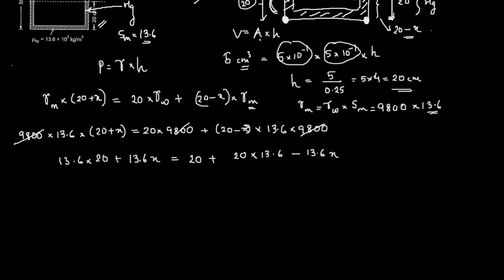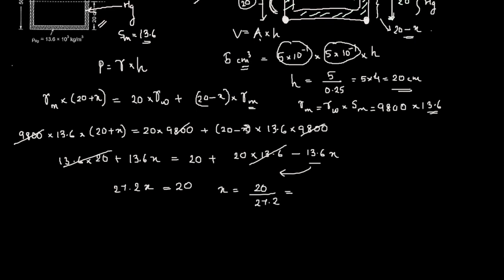We have 20 into 13.6 on both sides, so we cut it out. The 13.6x goes to the other side, so 27.2x is equal to 20, and x will be equal to 20 divided by 27.2.